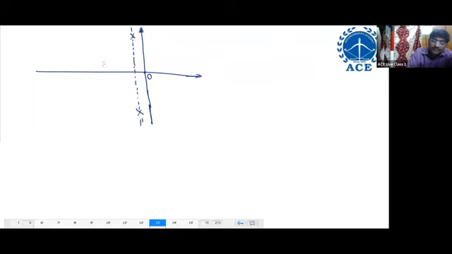Then 2 and 2 dash. Next, 3 and 3 dash. Come on, among these three, which is more relatively stable?